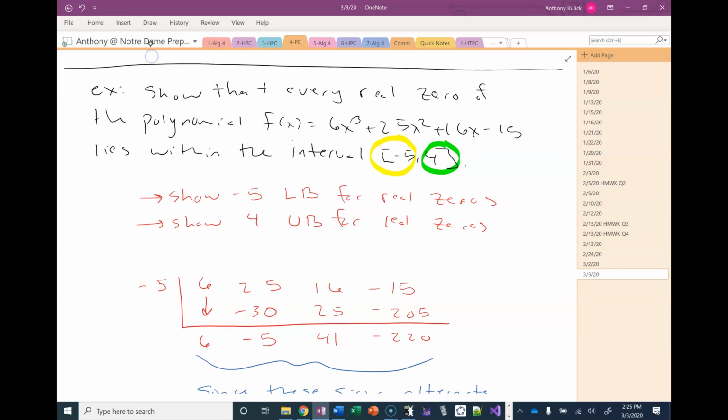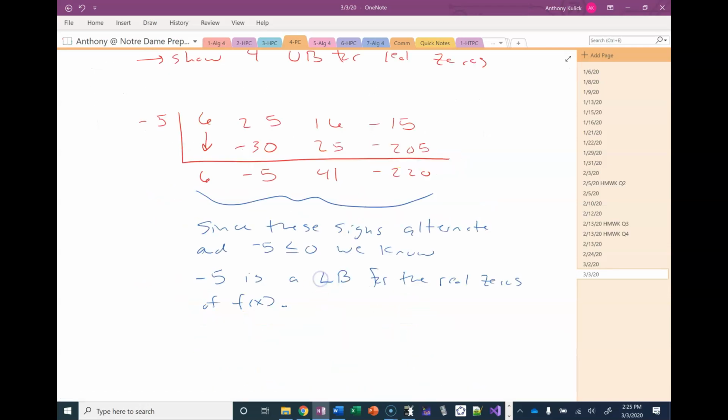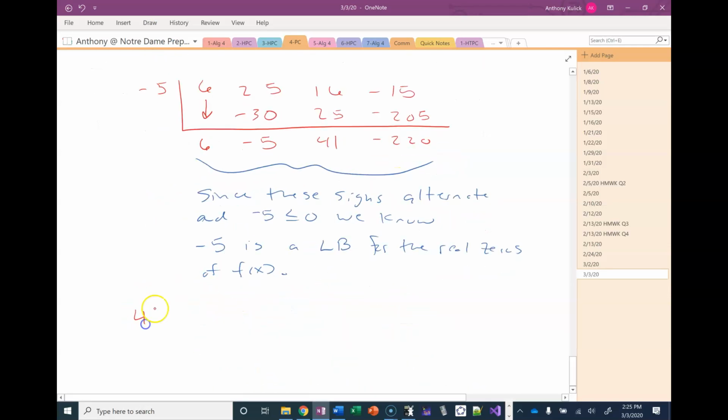So we still need to do the synthetic division now with +4. What are we hoping to happen when we do this synthetic division? We want all the numbers to be non-negative. So let's go ahead and do that.